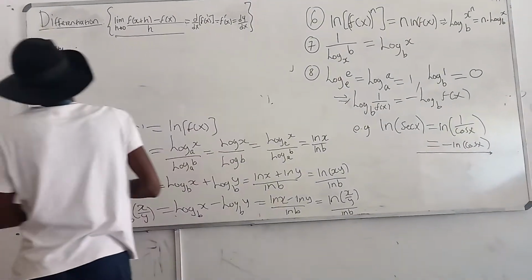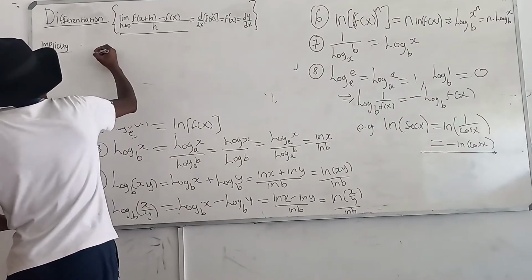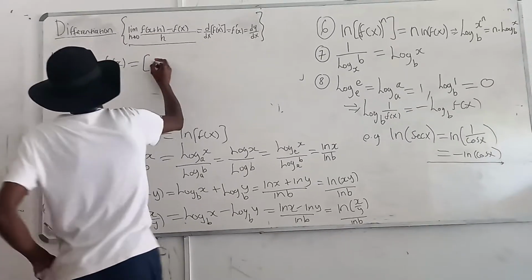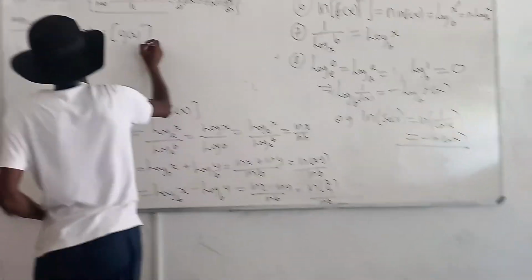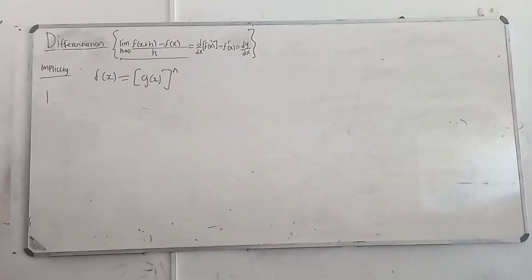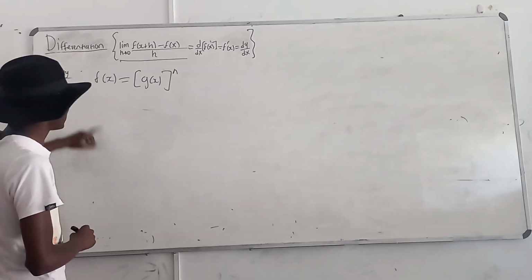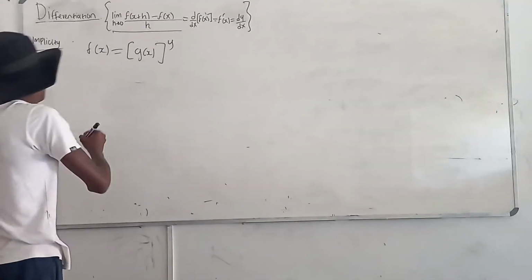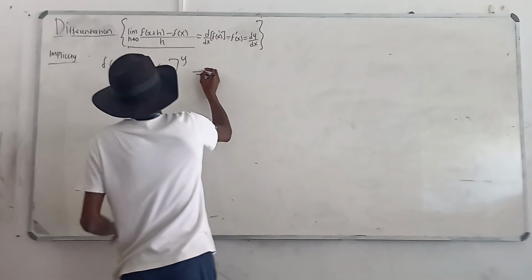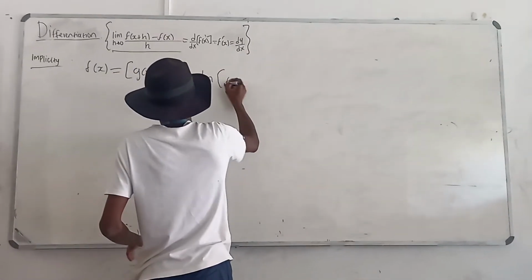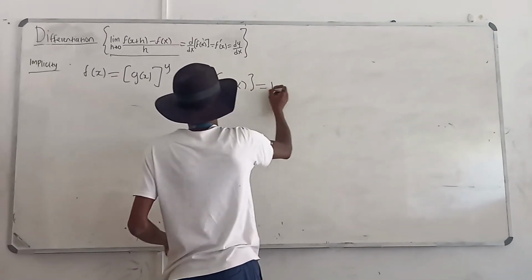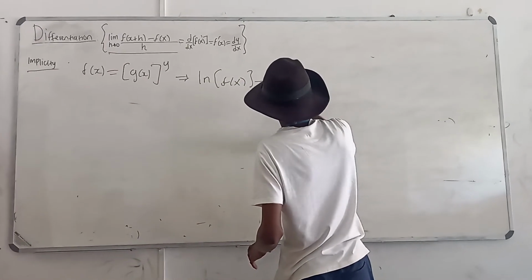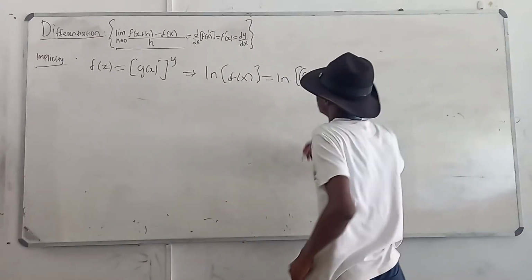You can have a function of the form f(x) equal to g(x) all to the n. Okay, let's continue. Whenever having a function of this form to the power y, you can just introduce the ln on both sides. ln f(x) equals ln of g(x) all to the power y.